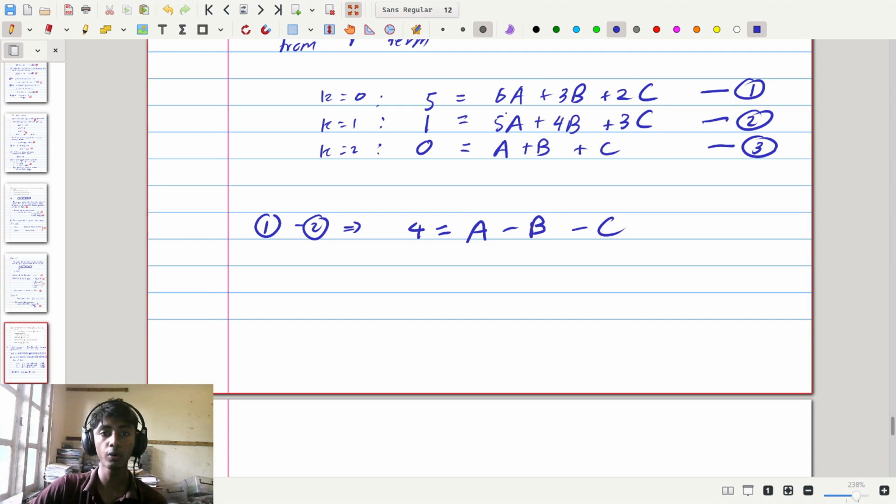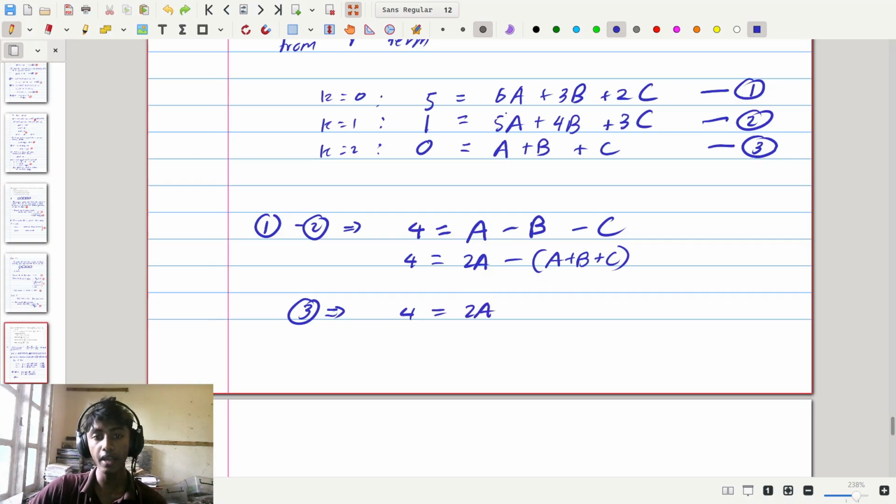Now as we know, since a plus b plus c is equal to 0, if I rearrange this as 4 equals 2a minus a plus b plus c, we can see from equation number 3, we will get 4 equals 2a, as this part right here is equal to 0, and therefore we get the value a equals 2.